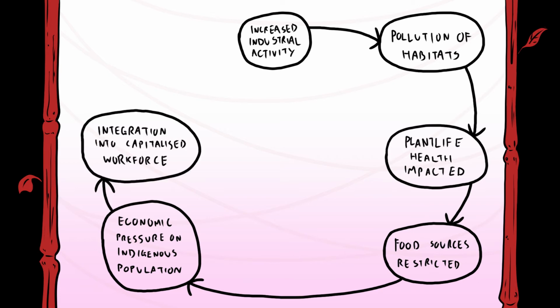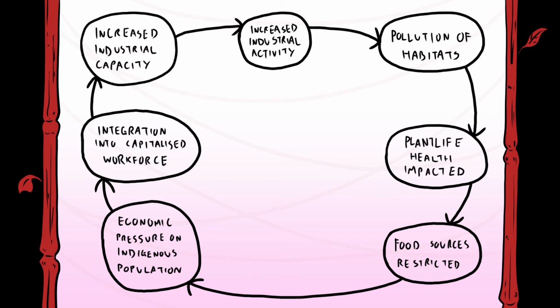And of course, the largest stable employer in the region is likely to be the industry that is causing the pollution in the first place. So indigenous people will seek integration into the capitalised workforce. Having a ready source of labour with potentially few other options allows for increased industrial capacity. Ending back up where we started, feeding into an increase in industrial activity. And so the cycle continues.